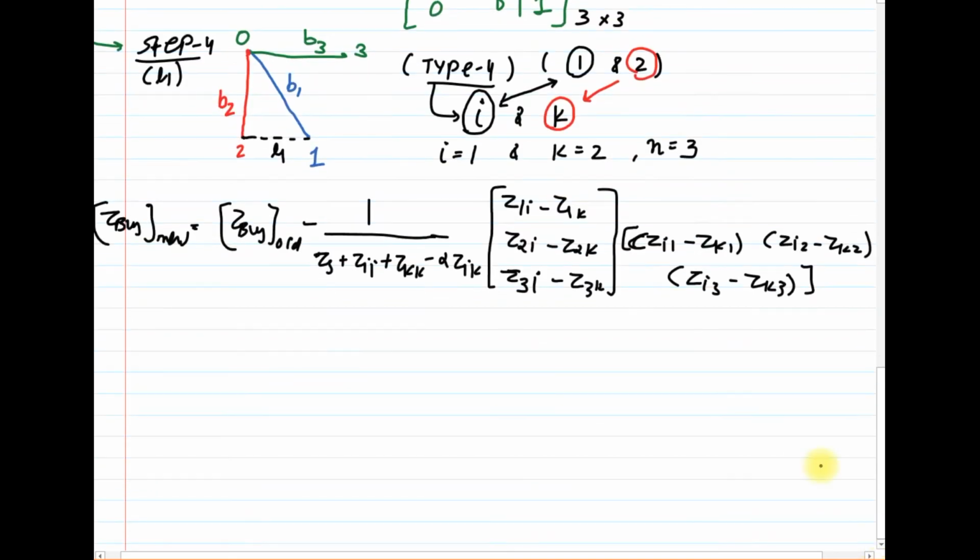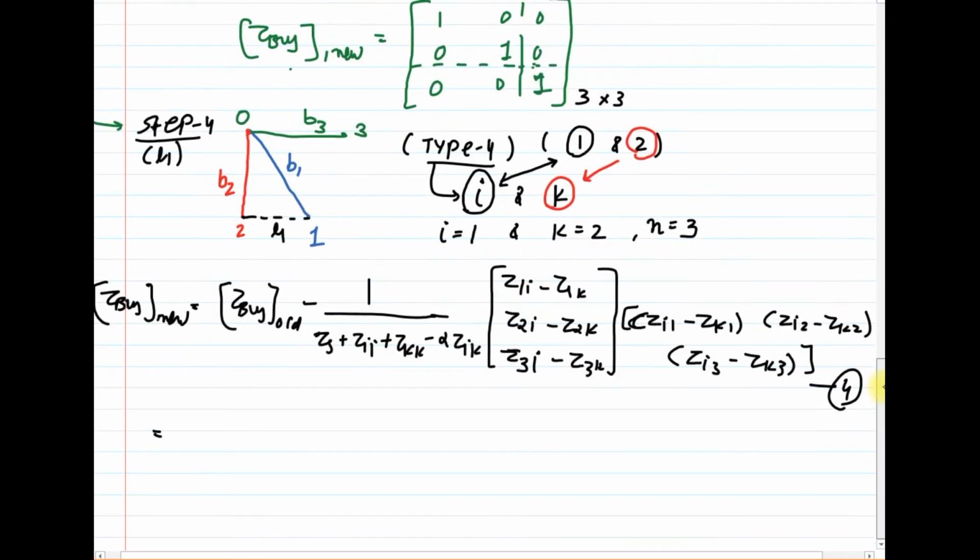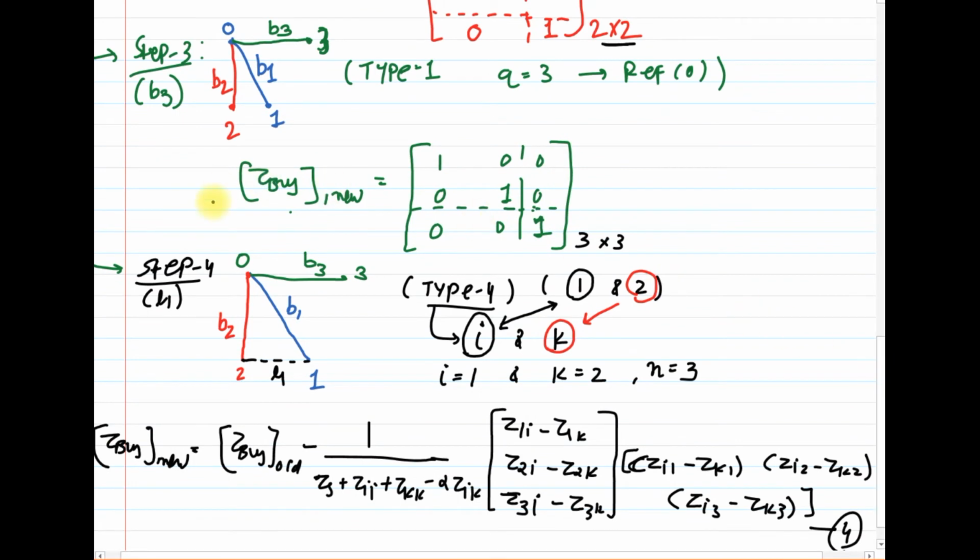Clear? So we have to substitute I equal to 1 and K equal to 2 in this equation number 4, which is your type 4 modification. Clear? So we get Z bus new equal to Z bus old.